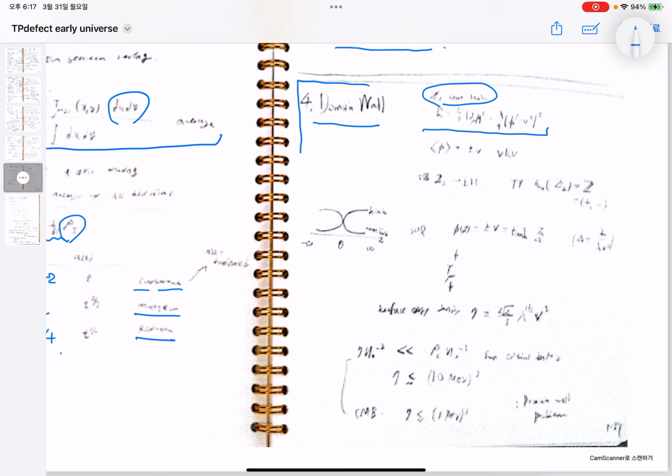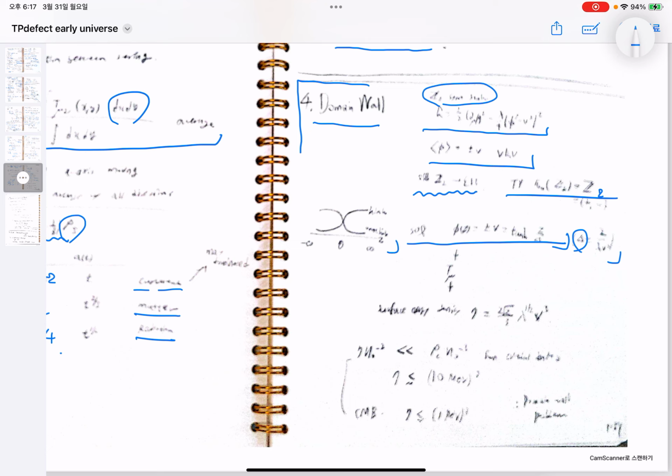This is a very minimal example of the Lagrangian, so we can fix the vacuum, and the vacuum manifold is given by the Z2. So the topological homotopy group is also given by the Z2. And the solution can be obtained analytically. It is a tanh function, and the delta gives the energy and thickness of this domain wall.